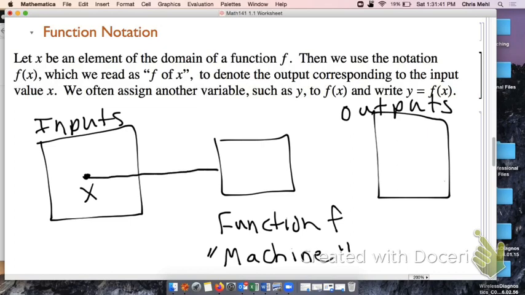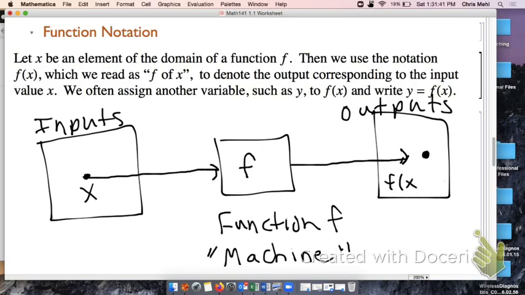Now what you're going to do is run that value through the machine. And the machine usually is going to be an equation. Right? So you'd plug that x value into some equation, and what's going to happen is f is going to spit that out. It's going to go through the machine, and it's going to land in the set of outputs.